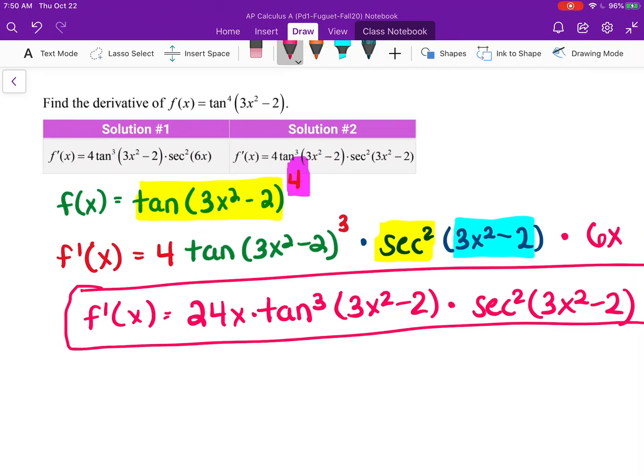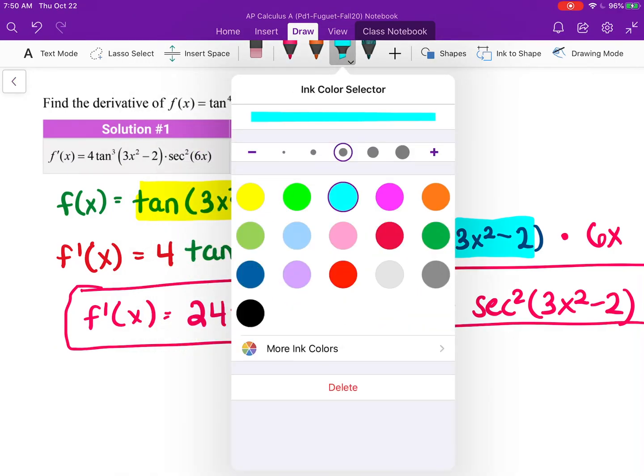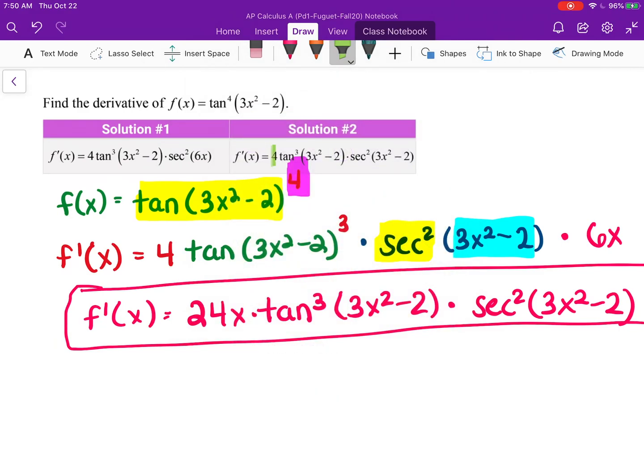Our last thing that we want to do in this video is take a look at the two solutions that we were given and see what mistakes they made. I'm actually just going to look at solution 2 first. You'll see why it makes a little bit more sense. So they followed along. 4 times tangent of 3x squared minus 2 to the third. Same as this, so they got that part.